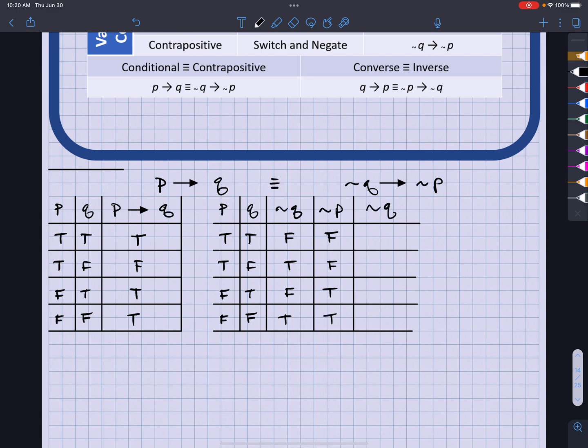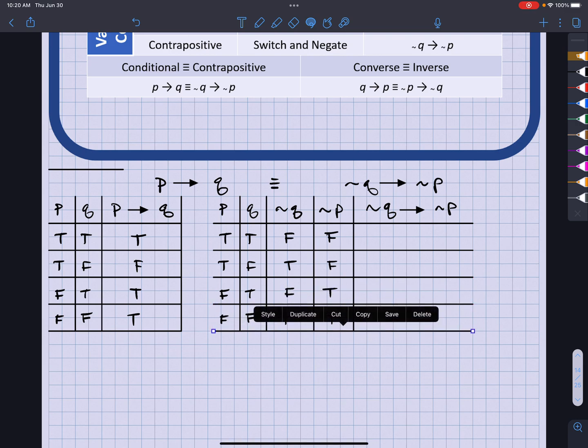Now I can do the not Q, then not P. So that means I have to extend these a little further, like so. And there we go. So now I can just focus on just these two columns here and do the if not Q, then not P. All right, so false, then false is going to be true, because if you don't wash my car, I don't pay you $50, still a fair deal.